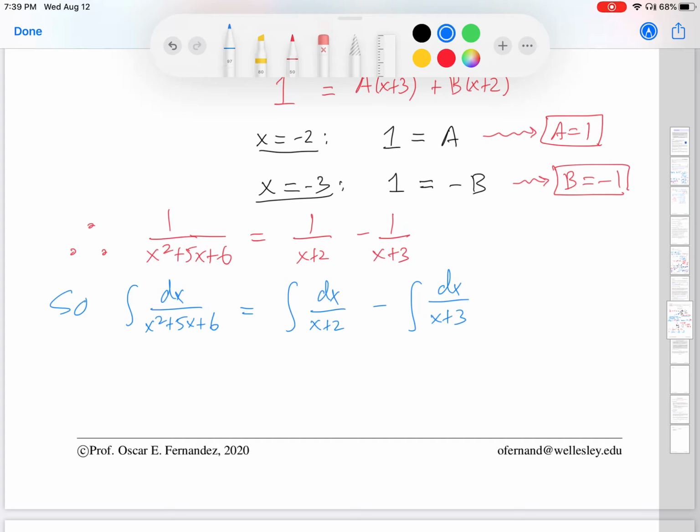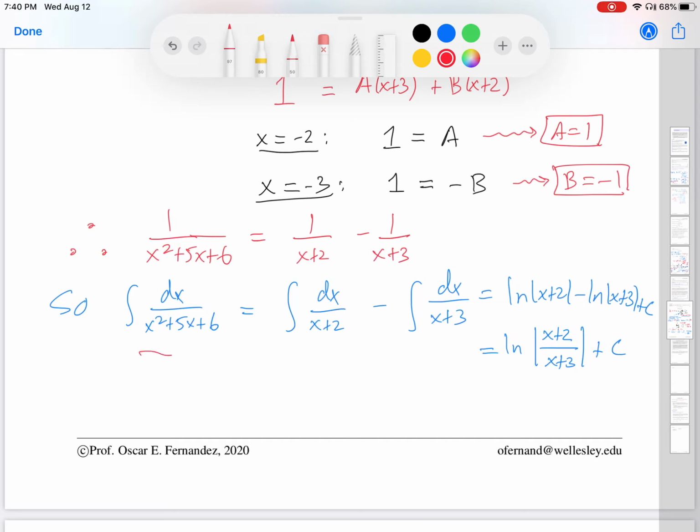So they're a small u substitution away from being natural log of (x plus 2) minus natural log of (x plus 3) plus C. And because when you subtract natural logs, they become quotients, this would be natural log of (x plus 2) divided by (x plus 3) plus C.